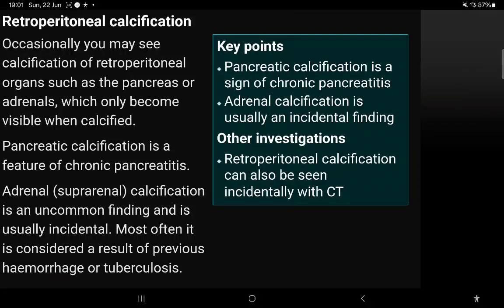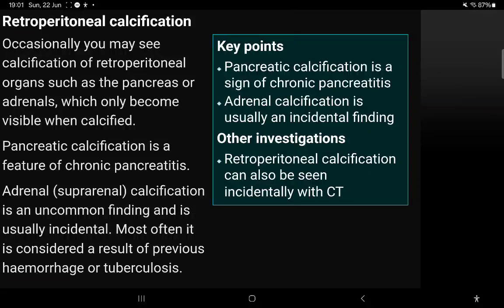Other investigations: retroperitoneal calcification can also be seen incidentally with CT. Occasionally, you may see calcification of retroperitoneal organs such as the pancreas or adrenals, which only become visible when calcified.